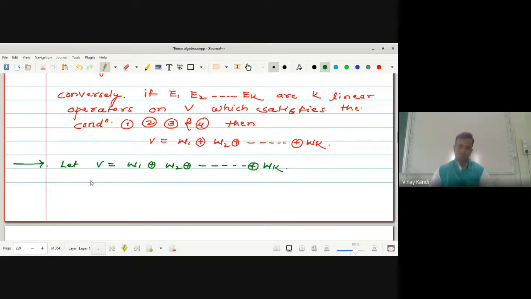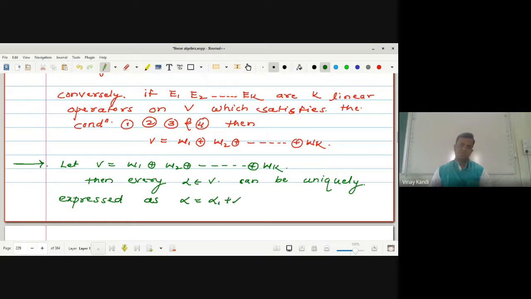Okay, then every vector alpha belonging to V can be uniquely expressed as alpha is equal to alpha 1 plus alpha 2 plus up to so on alpha k. Alpha k, sorry.